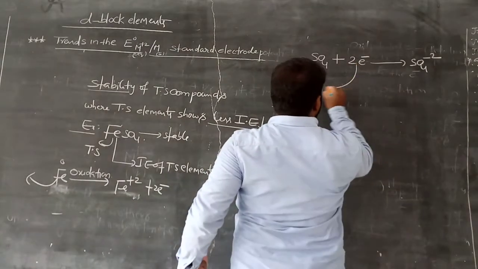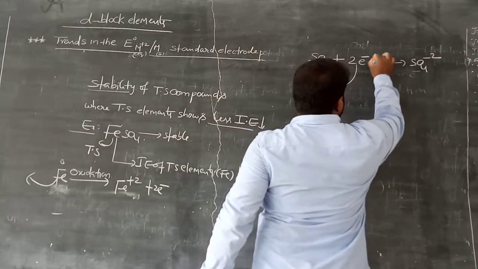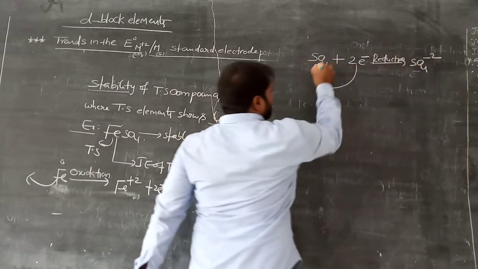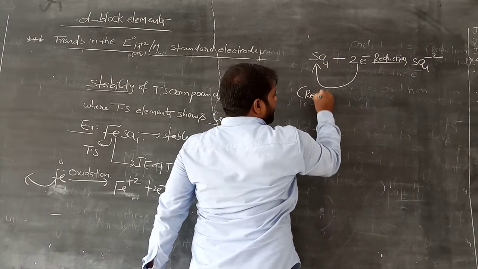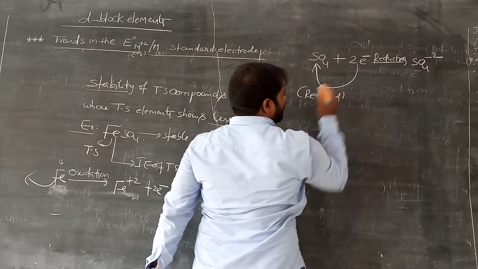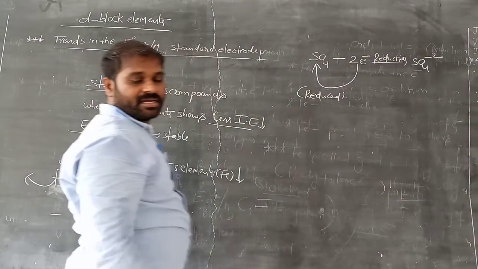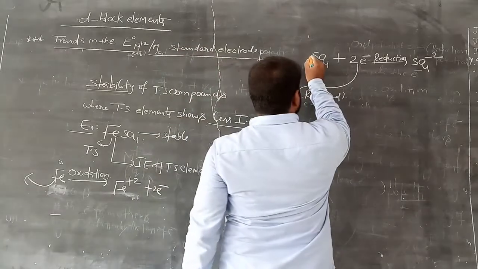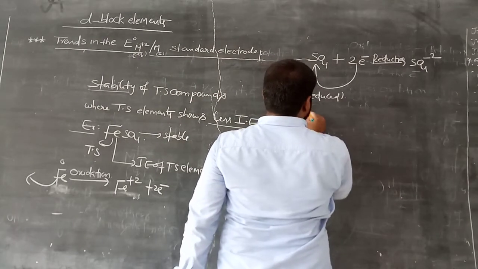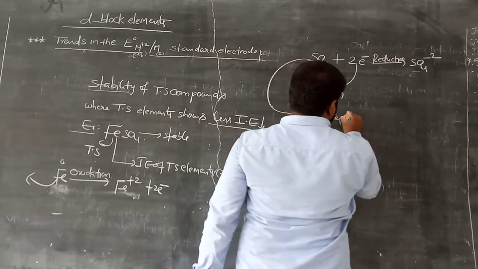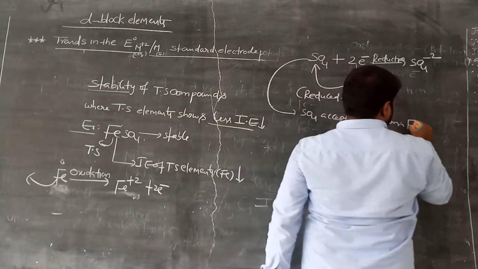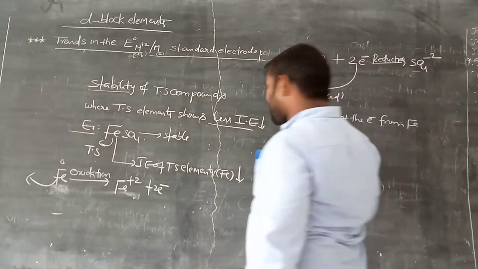Gaining of electrons is called reduction, am I right? Sulfate undergoes reduction by gaining electrons. Clear? SO4 accepts the electrons from iron, am I right?